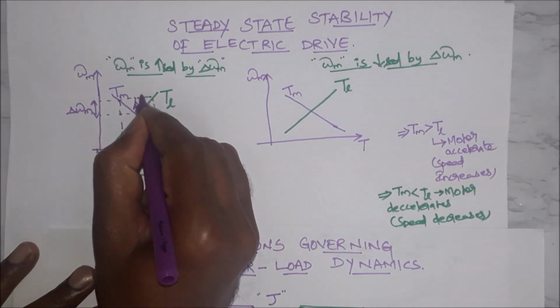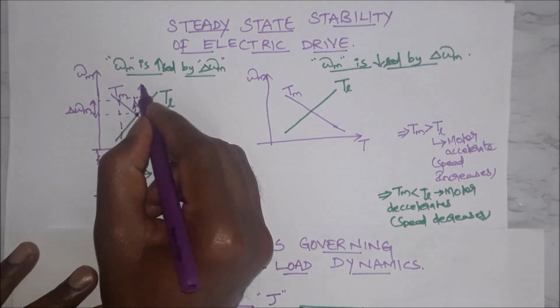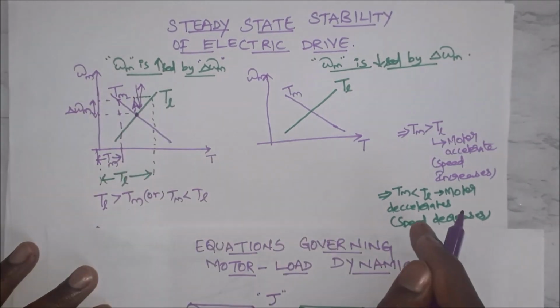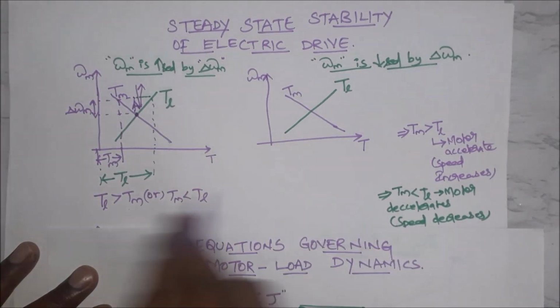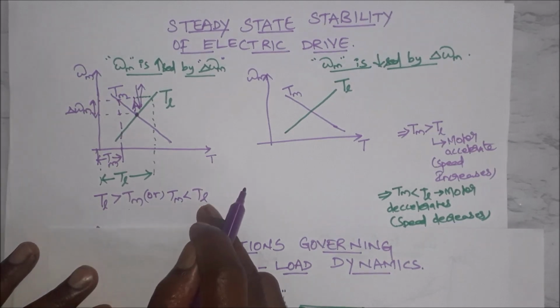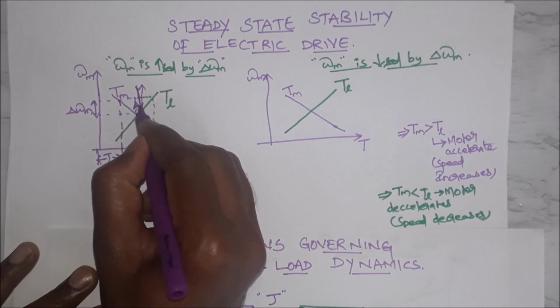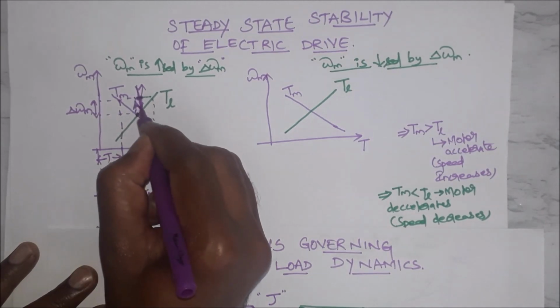If you go towards this, that is called speed increment. If you come downwards, that is called speed decrement. So your speed is decreasing in this case because your Tm is less than TL. Therefore, your speed will decrease, from this point to this point.